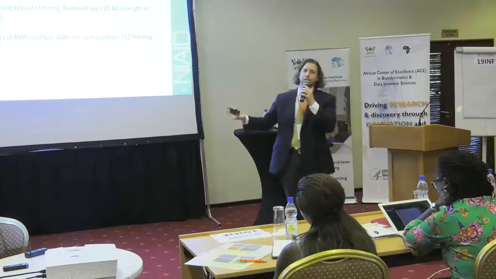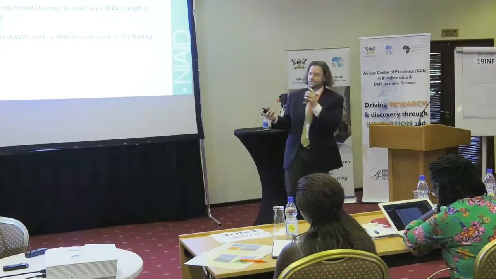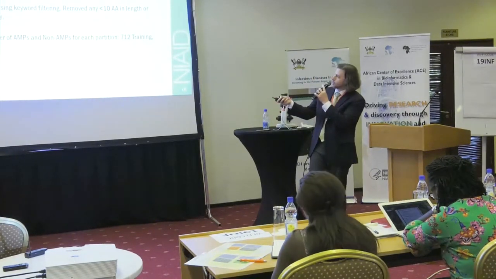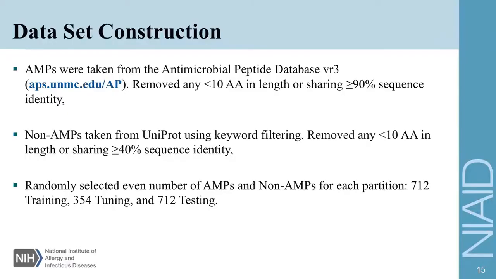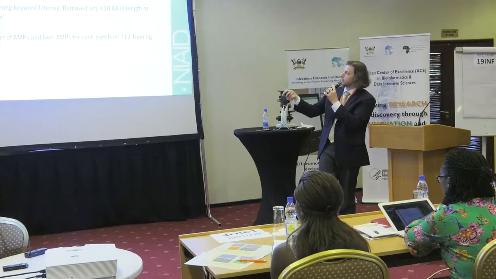They don't like to publish that a peptide actually didn't kill bacteria. That would be great to have, but until we get that, the best we can do, and it's standard in the field, is to take peptides from Uniprot or a similar database, use some keyword filters to remove antimicrobial and that kind of thing, and then filter those. So I'm considering my non-AMPs as ones taken from Uniprot that don't have certain keywords in them.